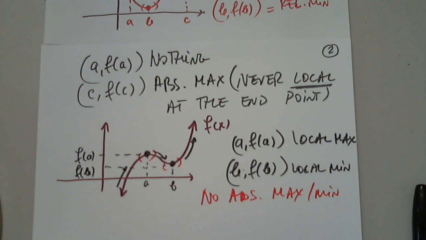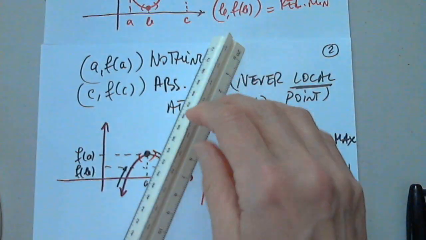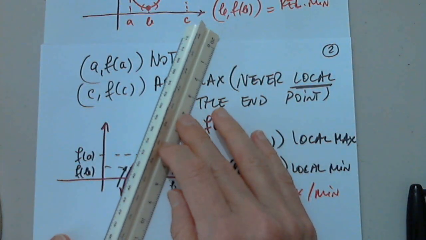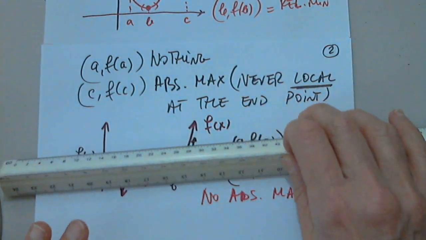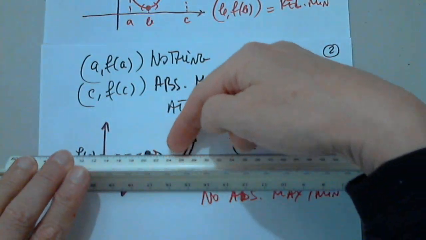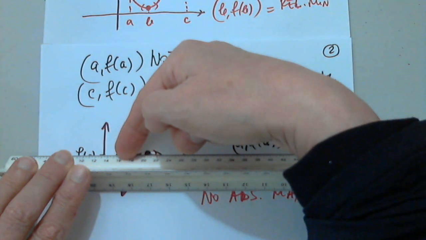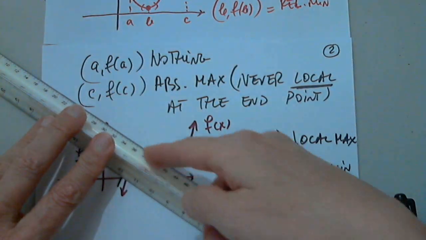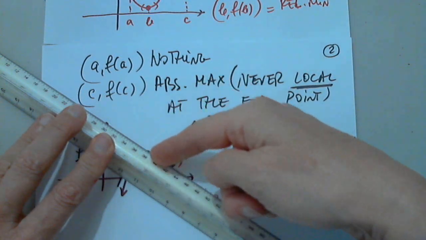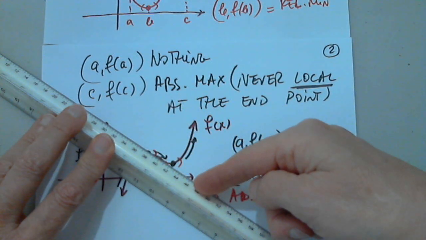The other thing I want you to notice, I've been preparing you for this for a long time. So the tangent here has a positive slope. The tangent here has what slope? 0. Perfect. The tangent here has what slope? Negative. Perfect.